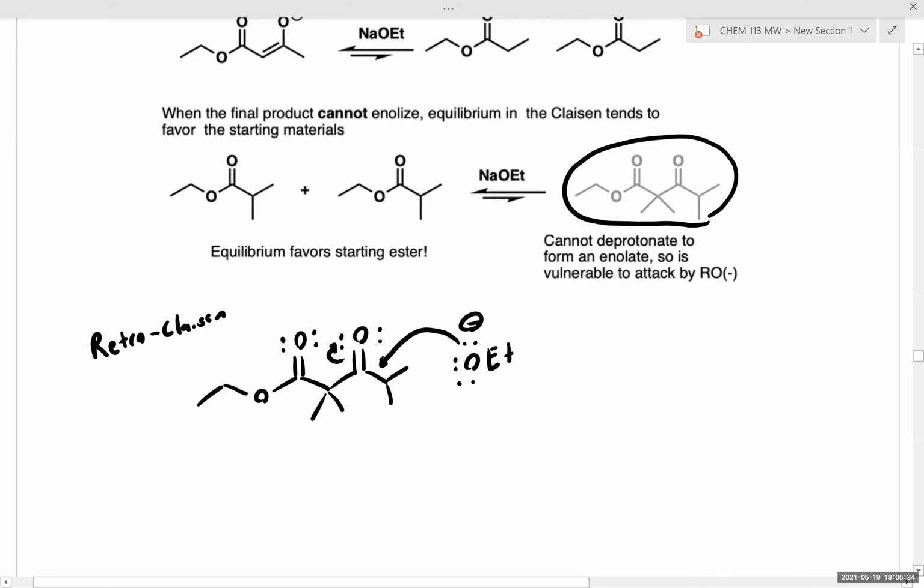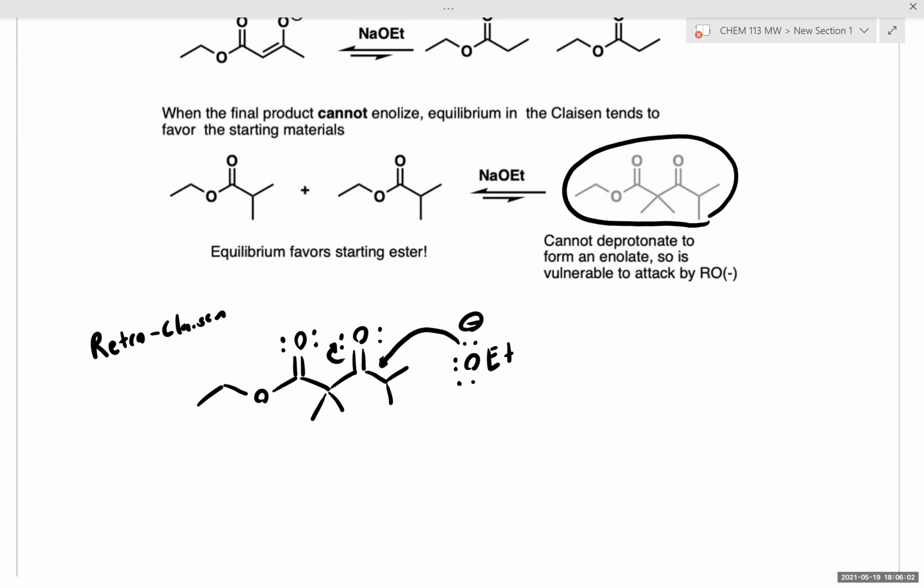Why do we attack the carbonyl carbon of the ketone rather than the ester? What is more reactive in general, a ketone or an ester? The ketone, exactly right.